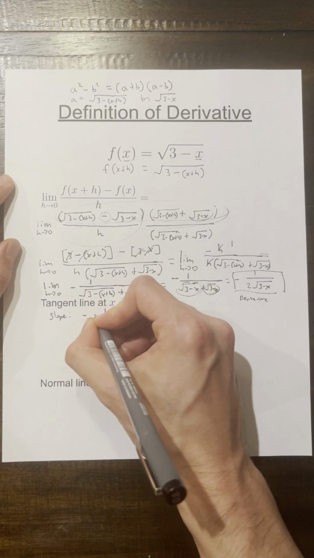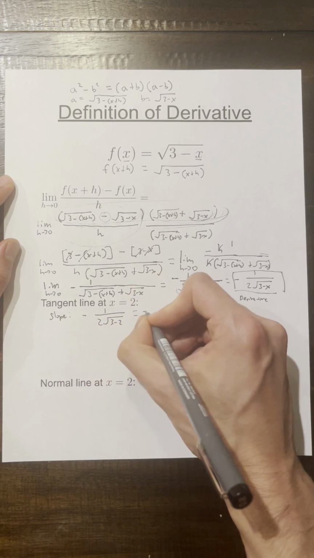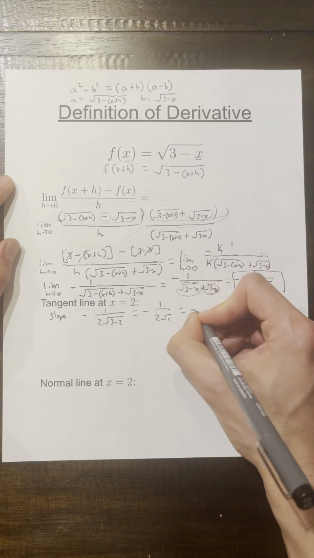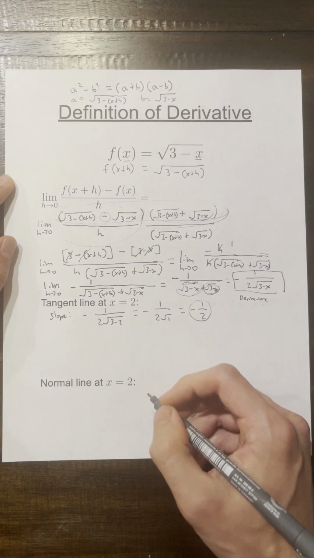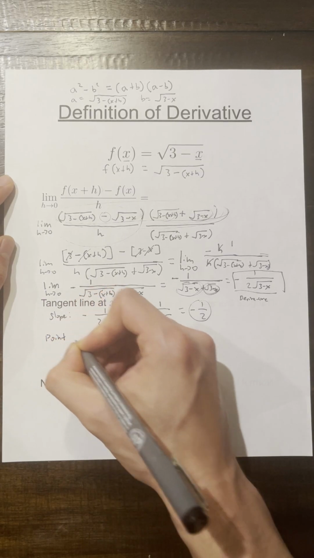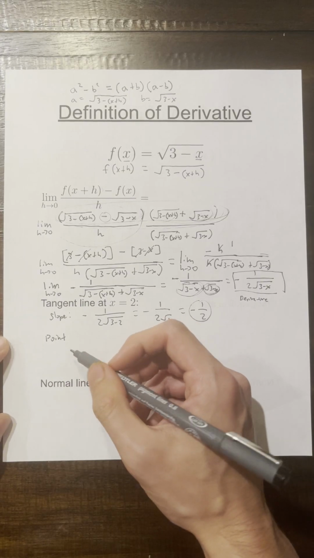So negative 1 over 2 square root of 3 minus 2, 1 over 2 root 1, negative 1 over 2. That's your slope. We also need a point; we need a slope and a point to get the equation of the line.